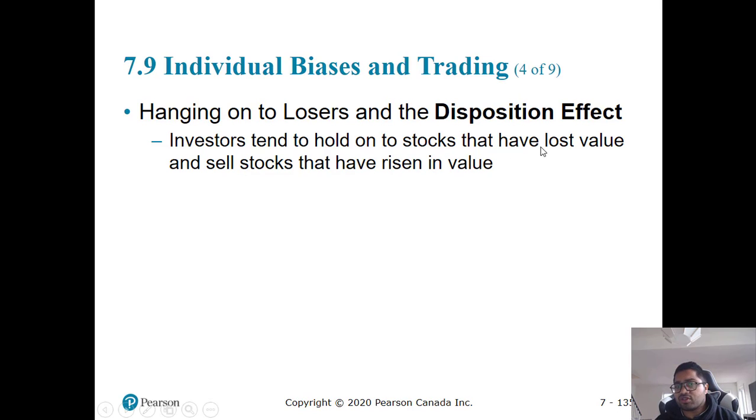Investors tend to hold on to stocks that have lost value and sell stocks that have risen in value. So a good rule to follow is you should trim your losers as soon as they start losing. It means if a company is performing badly, you should get rid of it, irrespective of how much loss you take. And you should stick with winners as long as they're winning.